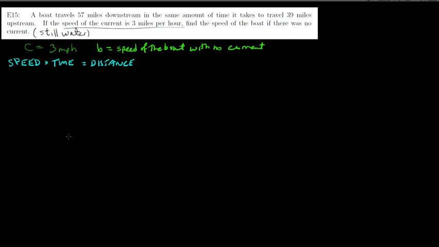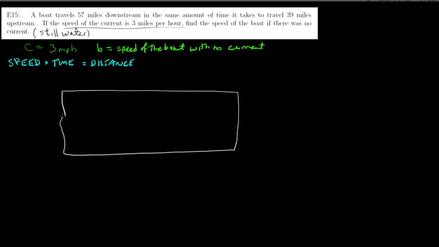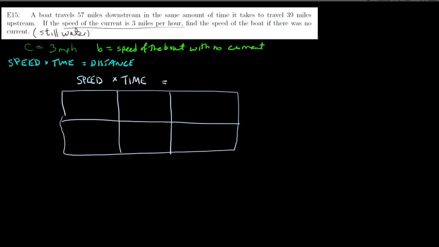I'll just copy it down. So we have again 2 rows and 3 columns. The columns, of course, are just speed, time, and distance.